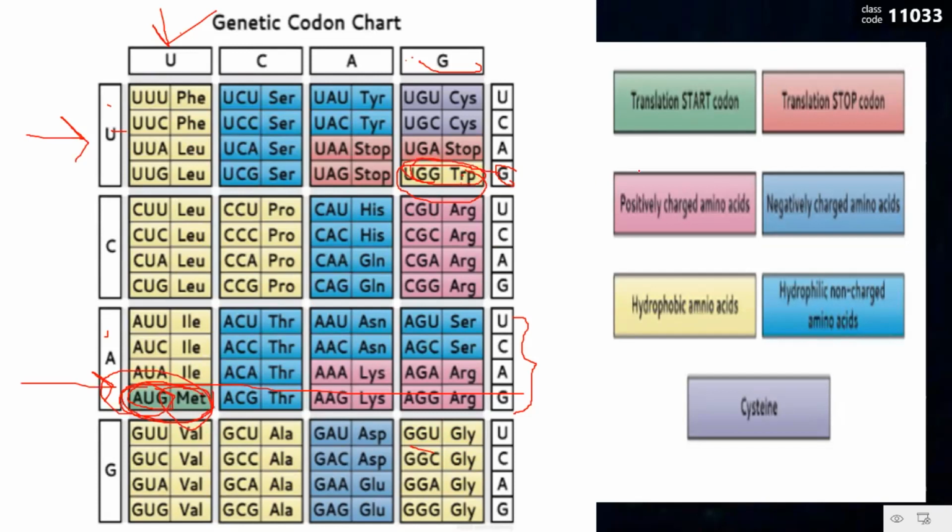Tapos meron dyang codons that do not represent a particular amino acid. Yan yung mga tinatawag natin na stop codon. So, itong mga yun. Okay? O UAA, UAG, UGA. So, these are the stop codons.